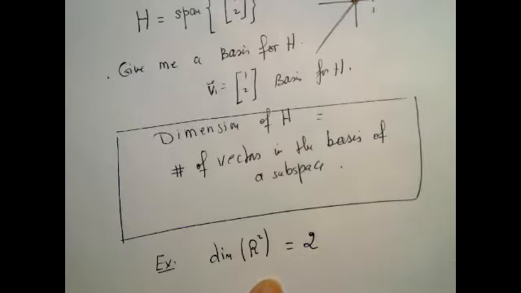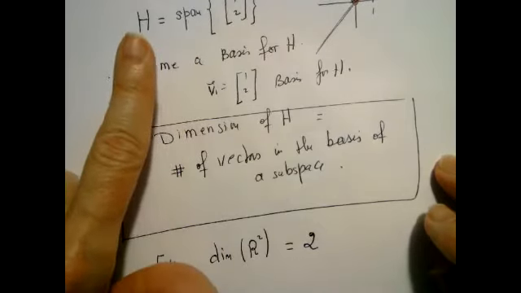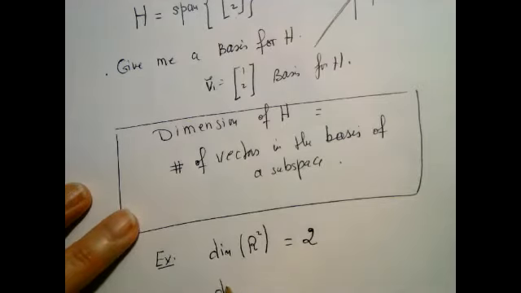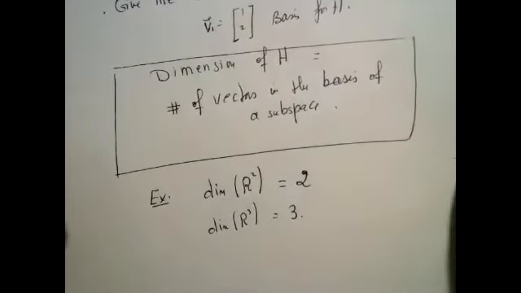But mathematically, what does it mean? The dimension of R2 is 2 means that you need two basis vectors to cover all of R2. That's what we really mean mathematically by the dimension. The dimension of R3 is equal to 3. It means a basis for R3 consists of 3 vectors.